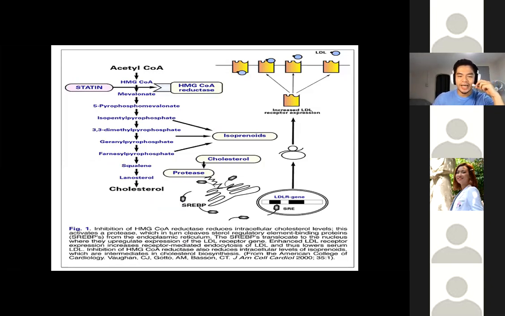Okay, so let's see. So ang HMG-CoA reductase inhibitors, these agents have this mechanism. They block reduction of HMG-CoA into mevalonate. So binablock nila ang enzyme na HMG-CoA reductase. That's why ang mevalonate formation is inhibited.